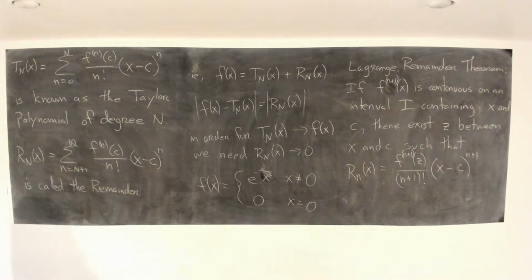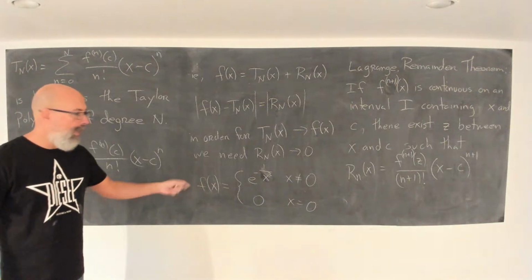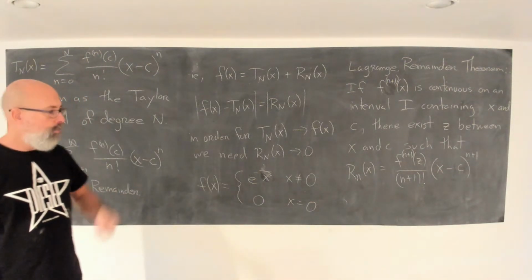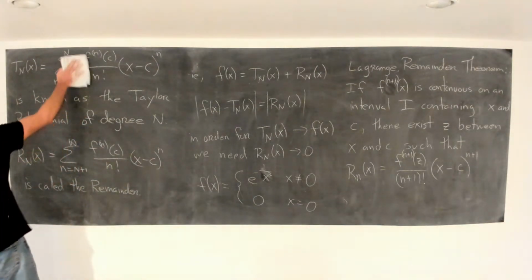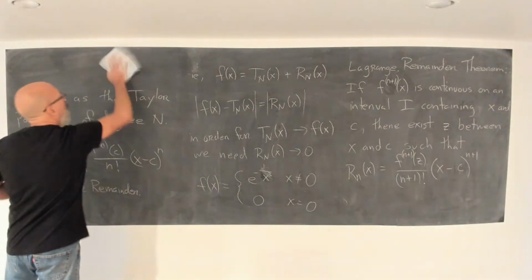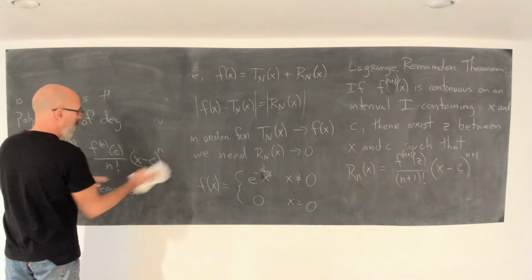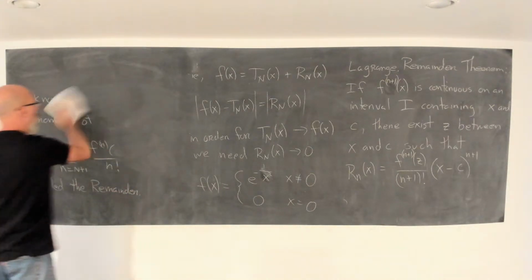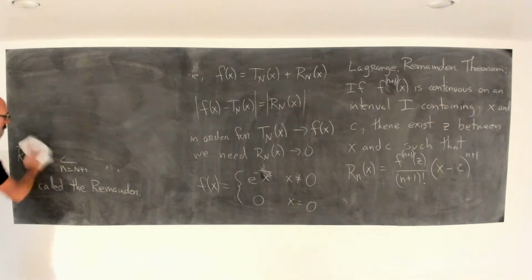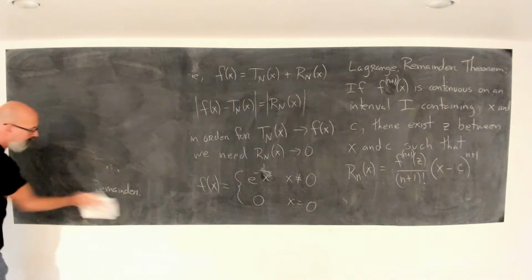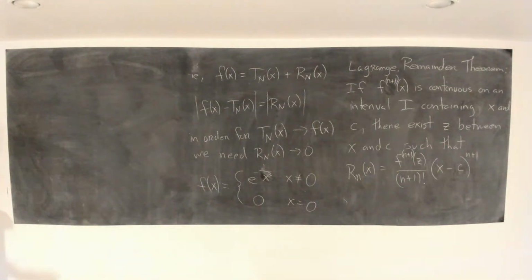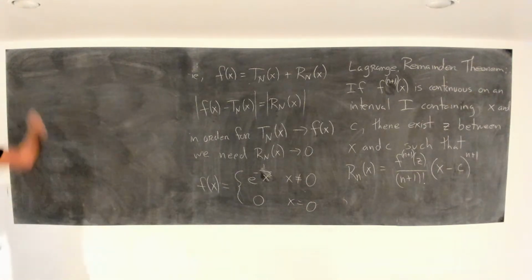It's an example in the book. The book has you do it as an exercise. So it's one of the exercises in the back of the section. It's a nice exercise. Go ahead and try it. What we're going to do is the following.